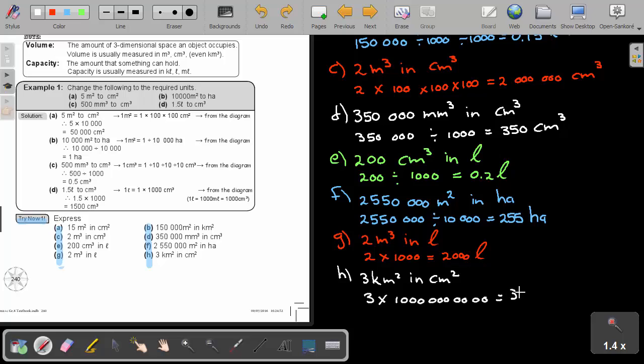Now I must just count those zeros. So it's 1, 2, 3, 1, 2, 3, 1, 2, 3, and that's centimeters square. So it's 1, 2, 3, 4, 5, 6, 7, 8, 9, 10 zeros. Okay, and that is going to be the amount of centimeter square.